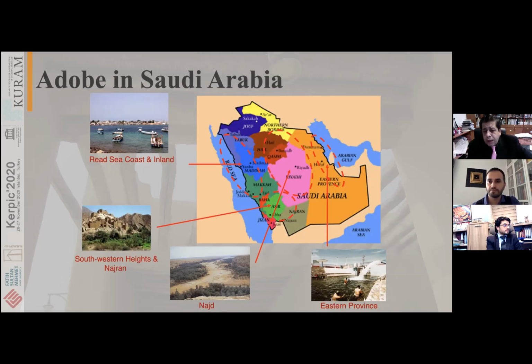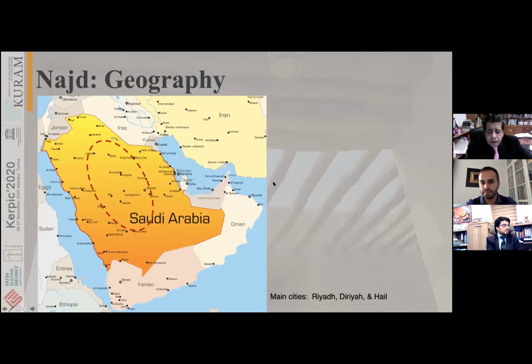There is no mud used in this area because mud is not available, or strong or good quality sand is not available on the coastal region of the Red Sea of Hijaz. Then we have Asir in the mountains. Then in the center we have Najd. Then we have in the Gulf the Eastern province.